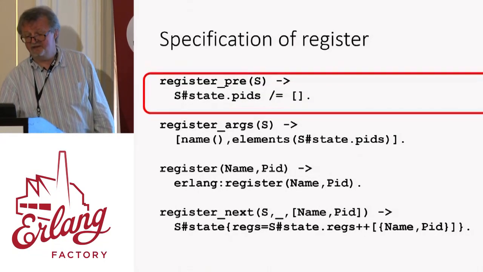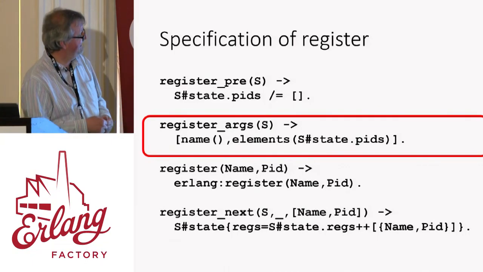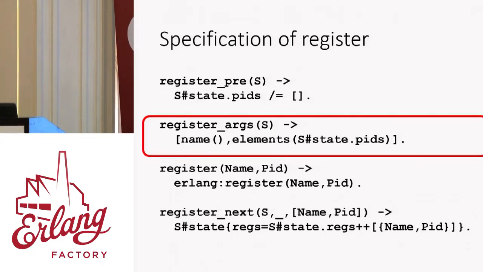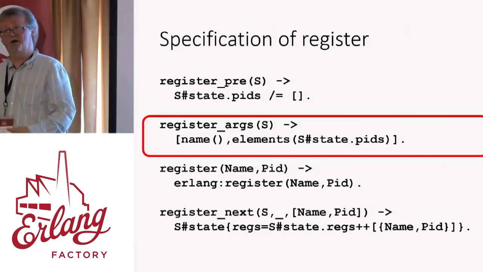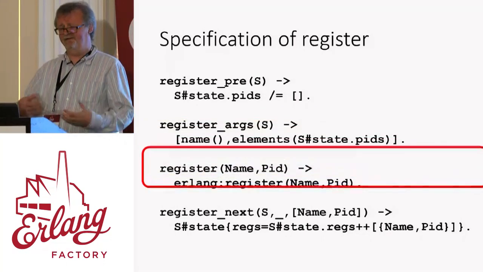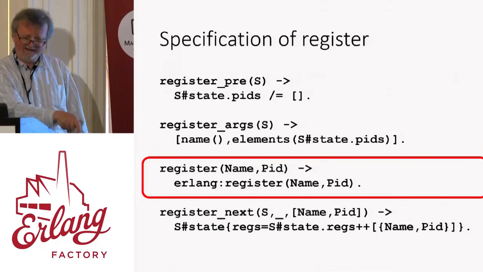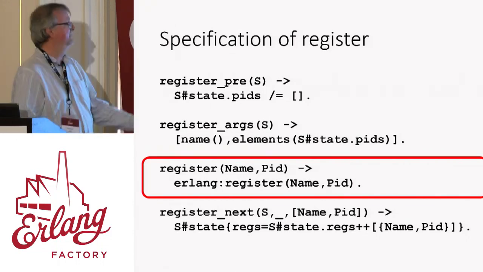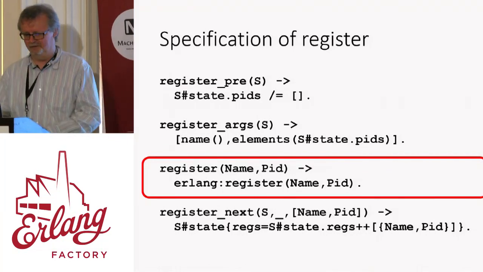The second one tells QuickCheck how to generate arguments for calls to register. It says, well, the arguments to register are a randomly generated name and one of the elements of the list of PIDs. And then we always define a wrapper function. So this says, how do I perform a register? Well, I call the Erlang register function, of course. In this case, the wrapper function is very trivial.